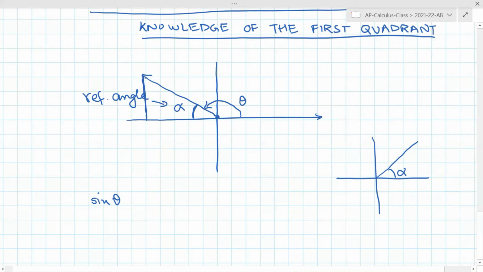If you just look at this right angle triangle, that is still the sine theta, but this is also sine alpha. So in this case, sine theta equals sine alpha. If you're in quadrant 2, then sine theta is the same as sine alpha, where alpha is the reference angle for theta.